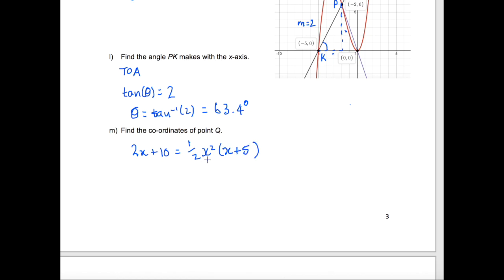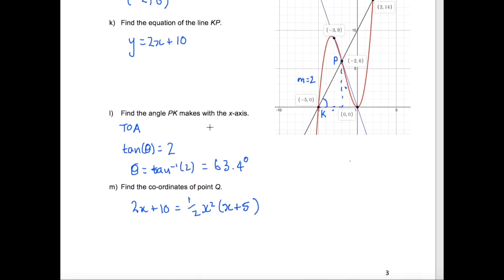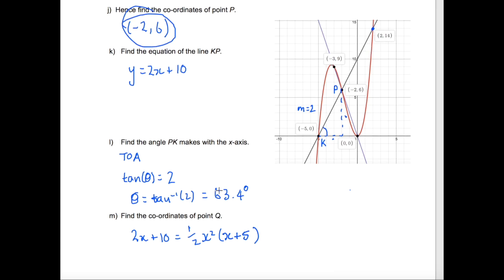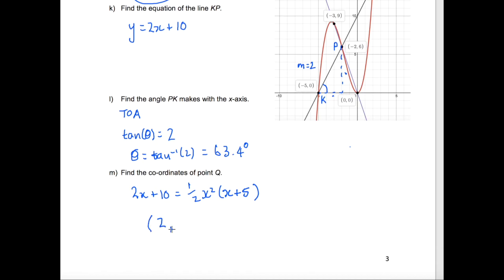Set them equal to each other. You'll get a cubic that you solve just like we already did here, and there was another solution to that. It'll be at the point 2, 14. I don't like how that question was set out, but hopefully you get the gist.